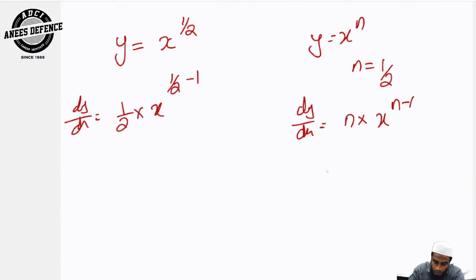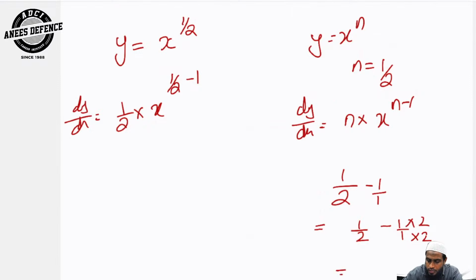What is 1 by 2 minus 1? Writing 1 with denominator 1, you multiply with 2 on both sides. So what will you get?